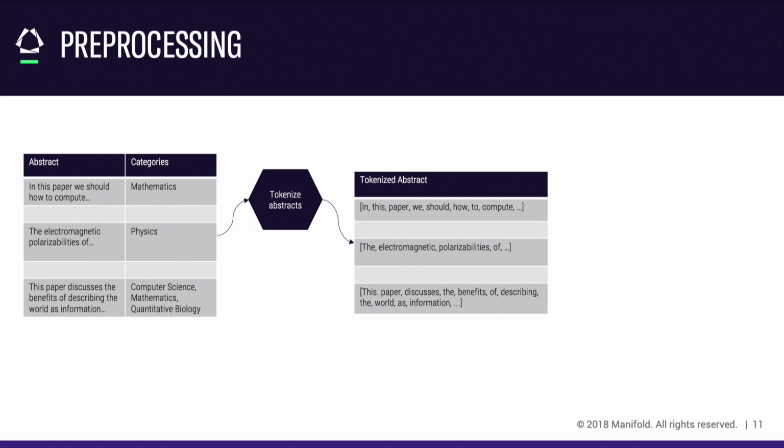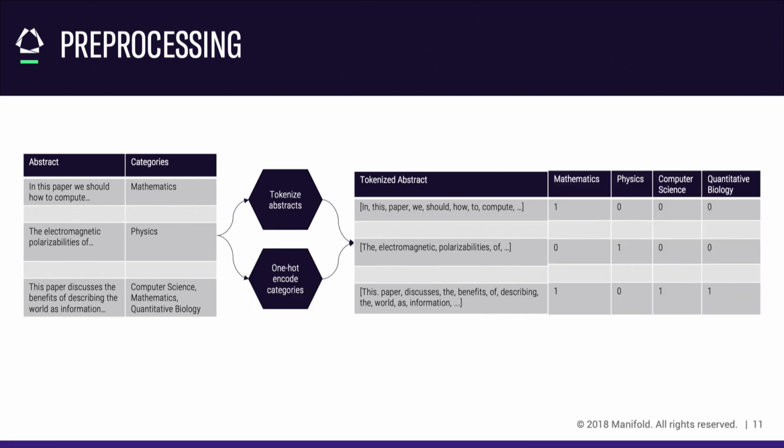The other operation is to convert the raw category list into what's called a one-hot encoding, which is a series of columns which indicate whether or not the document is labeled as part of that category. So for example, the top paper is a math paper, but it's not categorized as any of the other categories. The bottom paper, which is the one we showed before, is actually listed in 3 categories: math, CS, and quantitative biology.